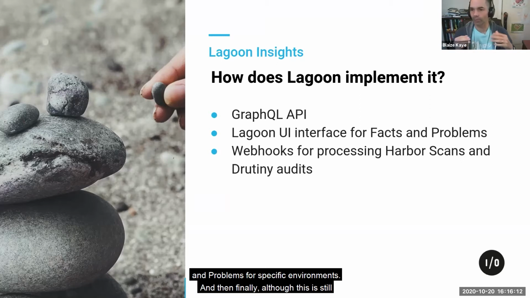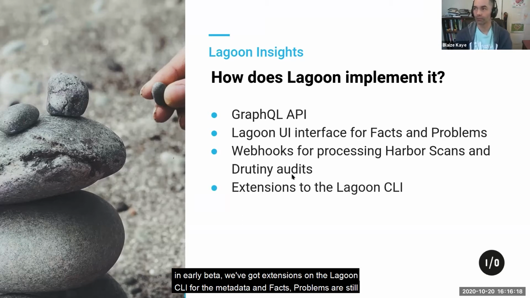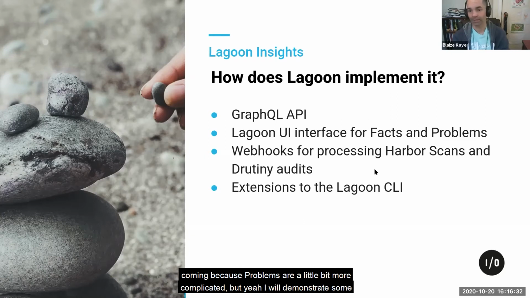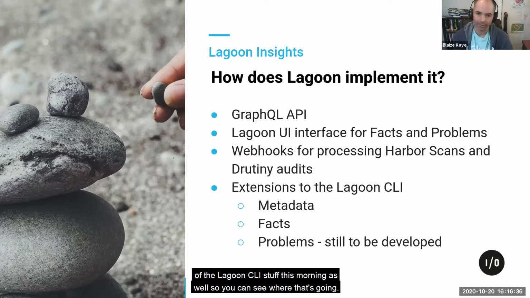Those fill out the facts and problems for specific environments. And then finally, although this is still in early beta, we've got extensions on the Lagoon CLI for the metadata and facts. Problems is still coming because problems are a little bit more complicated. But I will demonstrate some of the Lagoon CLI stuff this morning as well, so you can see where that's going.